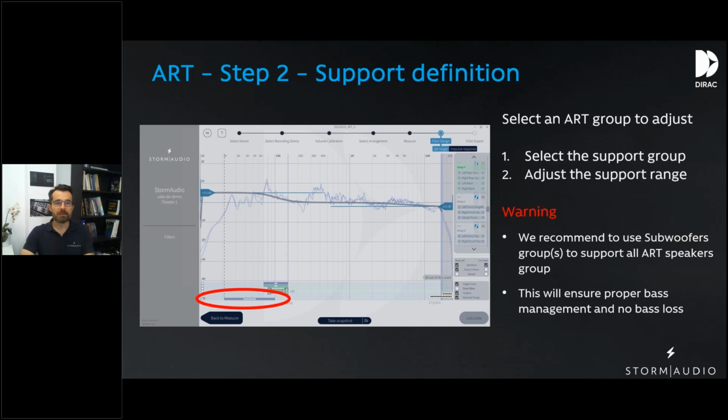So you make sure that you have the best sound reproduction of the system, that the bass management can be done properly, and that your bass is properly reproduced. And again, for each of the ART groups where you will use your subwoofers, make sure that you activate the infra bass if they can support it.